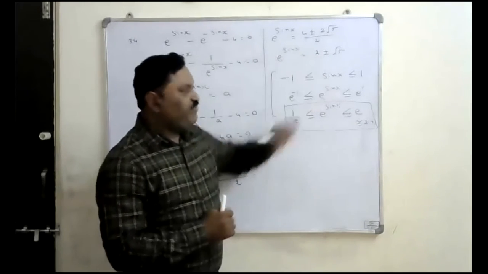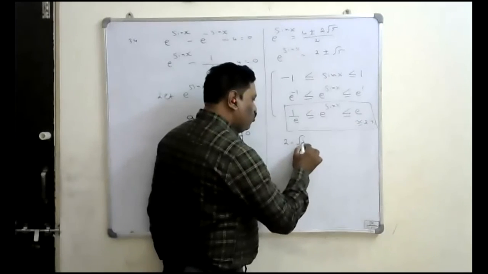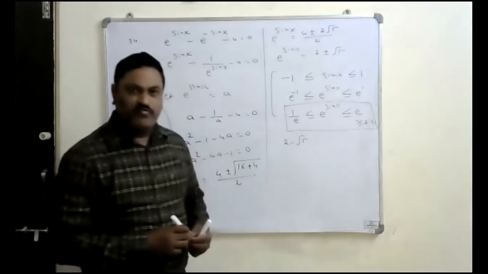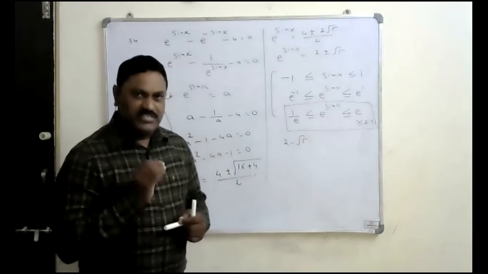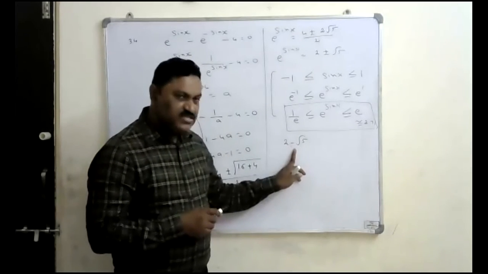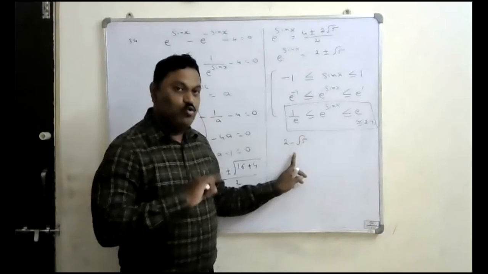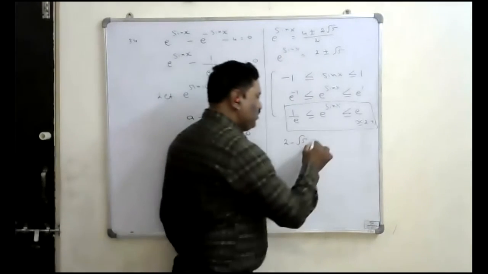But if you observe this, if I take 2 minus root 5, root 5 बोले तो approximately value क्या होता? 2 point something ना? 2.45. 2 minus 2 point something, which is negative ना?